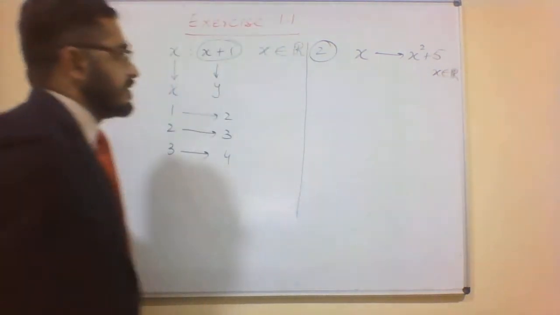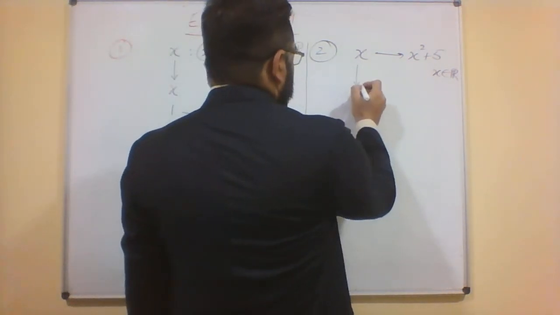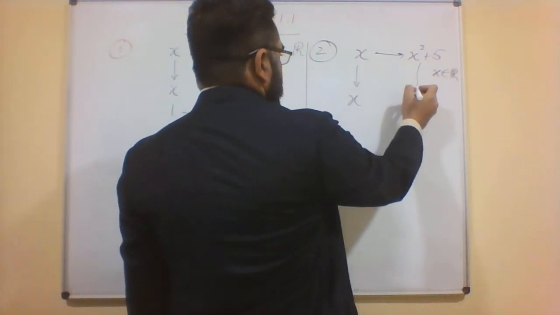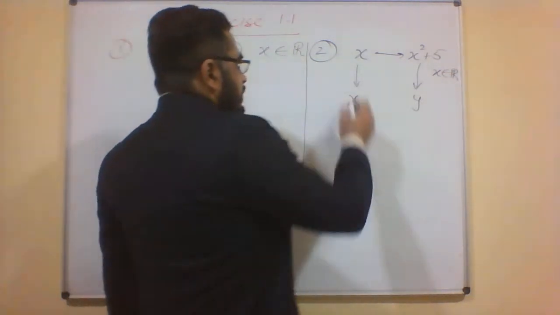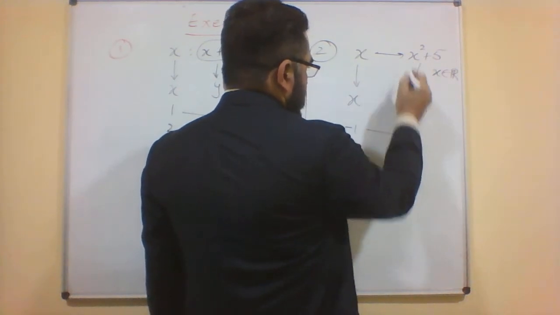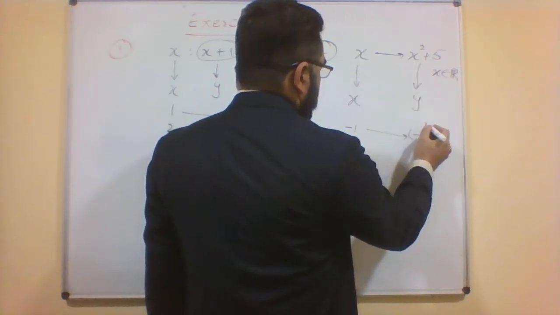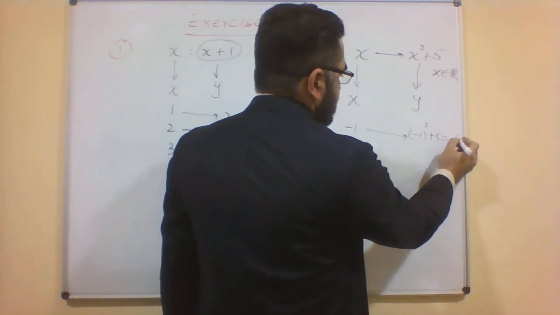This is the symbol for real numbers. Here x is the domain and y is the range. If we take x equals minus 1, we get minus 1 square plus 5. Minus 1 square is 1, and 1 plus 5 is 6.